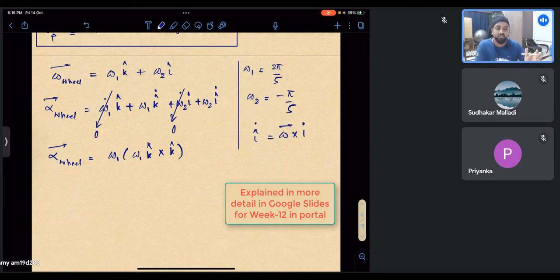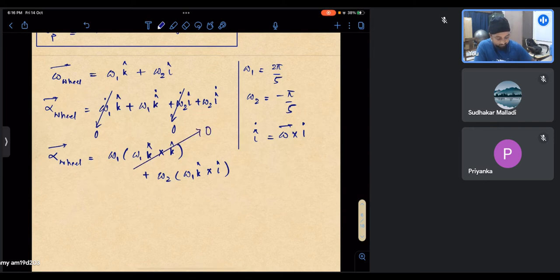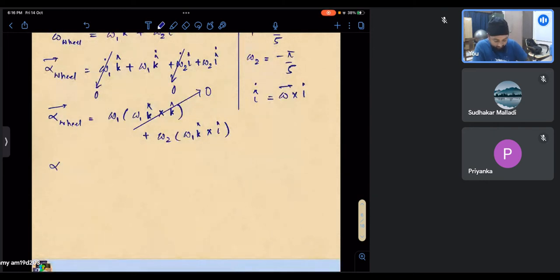The direction is dictated by the actual angular motion. That is why this comes out as omega 1, because the entire system, the arm O to the wheel, rotates with omega 1 as its angular velocity, plus omega 2 I cap. I can write it as omega 1 k cap cross I cap. This I know is 0. So essentially I have alpha of the wheel as omega 1 omega 2 k cross I, which is j.